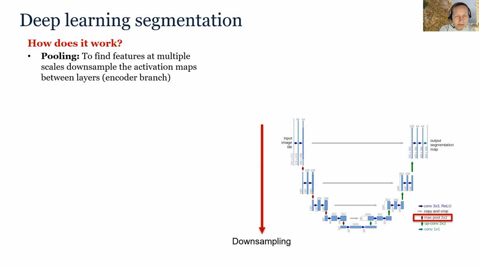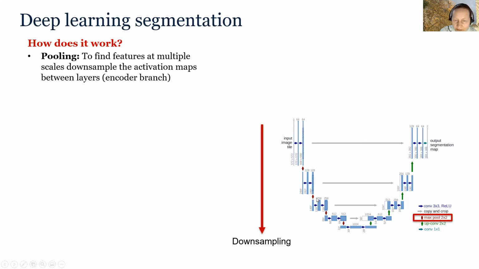That way, deep learning convolutional networks are able to process quite a large context of the image and decide not only on local features, but also on the wider context, what kind of label there should be in the end. To expand this context, we downsample the activation maps between layers.